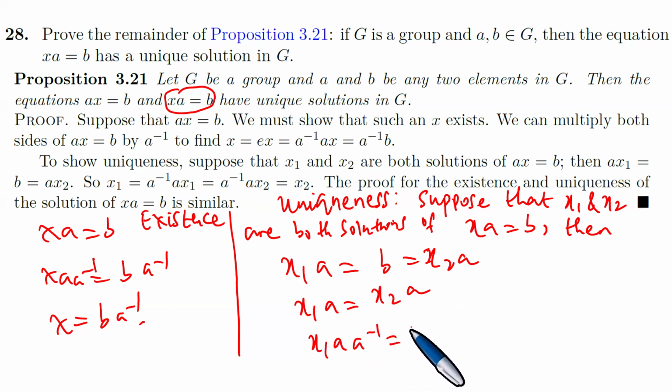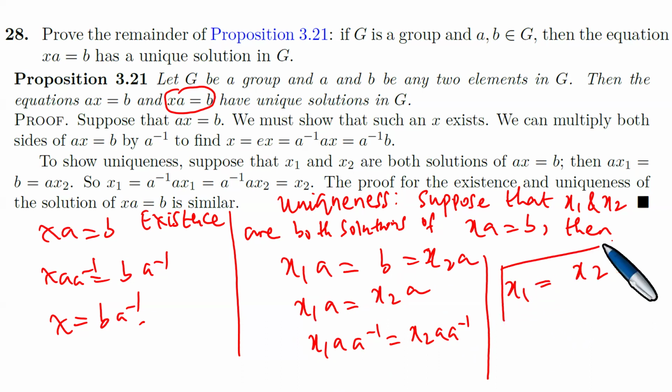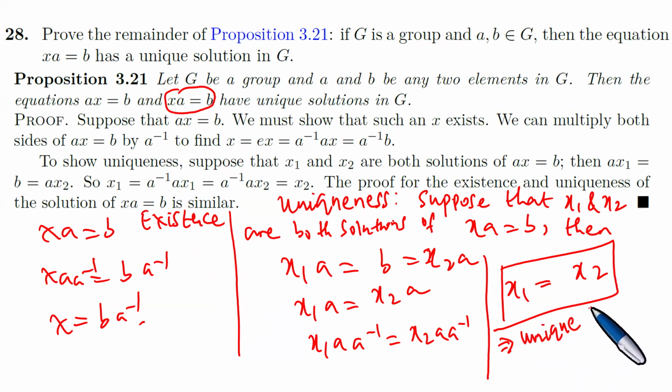Multiplying x1a by a inverse and x2a by a inverse, therefore x1 is equal to x2. Therefore, this means that the solution is unique. We have a unique solution x.